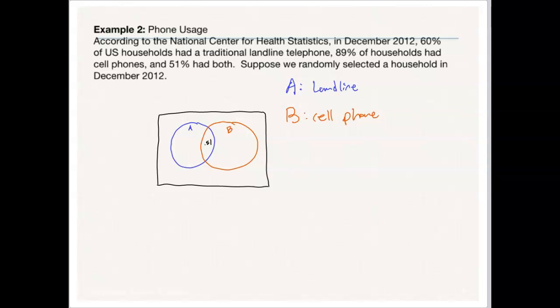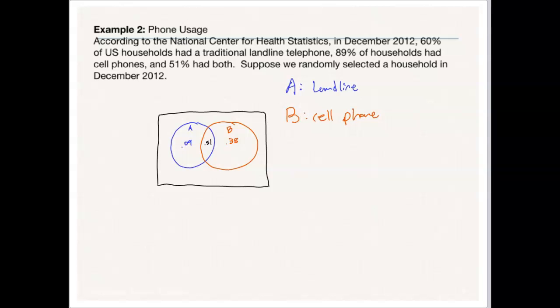That's the overlap. To figure out what goes into this section, I have to subtract out that 51% from the 89%. So 89 minus 51 leaves me with 38, meaning 0.38 of people only had cell phones. And if I do that same subtraction, 60% minus the 51%, that leaves me with 0.09 only had landlines.